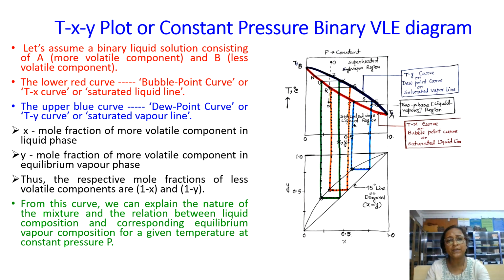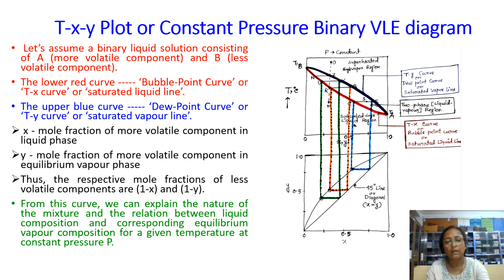As x represents the composition of A, 1 minus x represents the composition of B in the liquid phase, and y represents the composition of A in the vapor phase. So 1 minus y represents the composition of B in the vapor phase. Because it is a binary system, the sum of the mole fractions of both components equals 1 in both the phases.